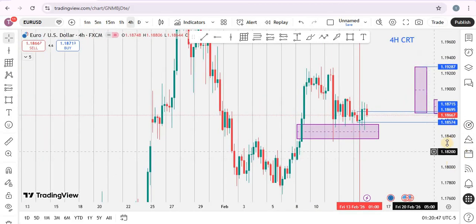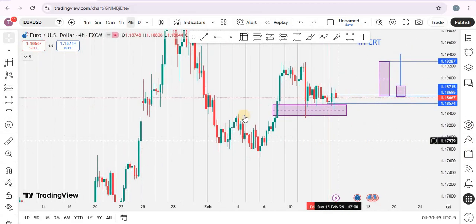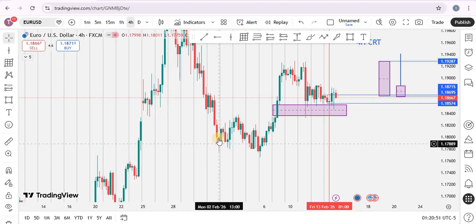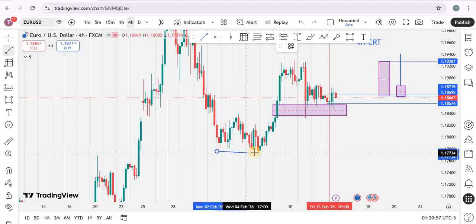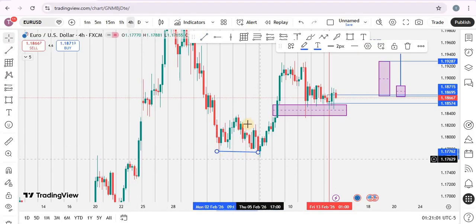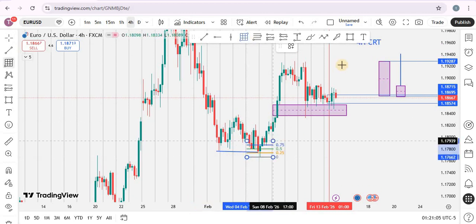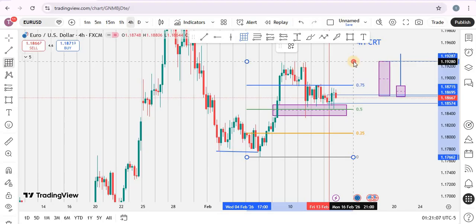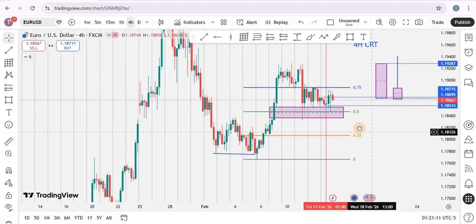Now let's understand this in depth. Here what we did: we took the liquidity, we tapped a fair value gap, we did the market structure shift, and price came below 50%.